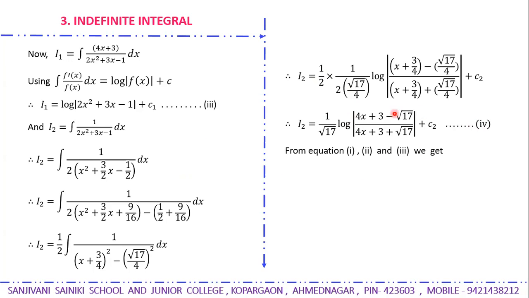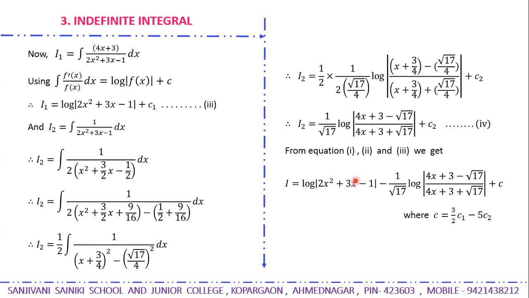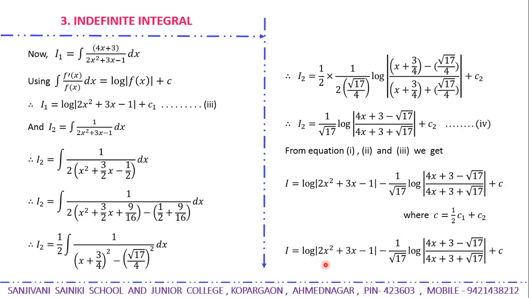So using all these integrals in that formula, you will get the integral of the form log of modulus of 2x square plus 3x minus 1 minus this factor, where we have written the c because c is equal to 1 by 2 c1 plus c2.